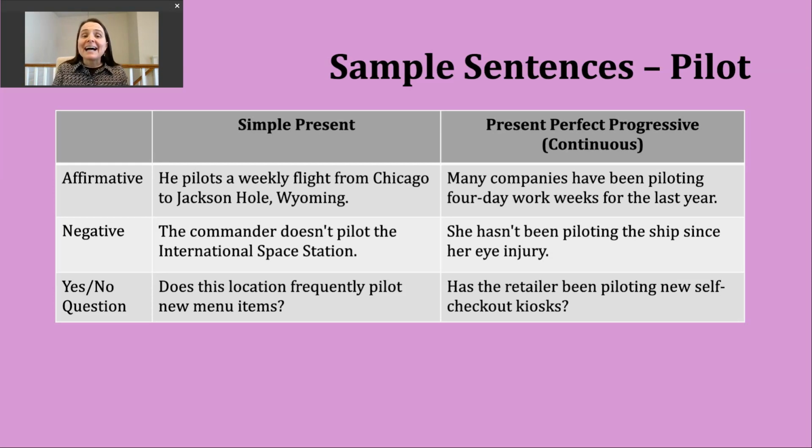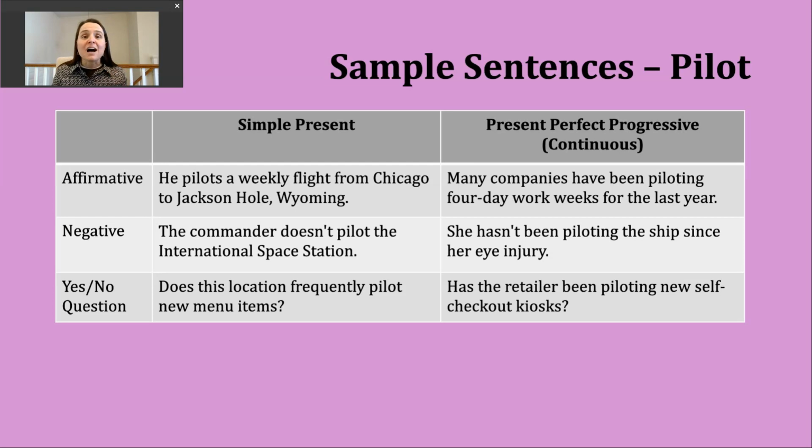If I want to make a negative simple present sentence, again, I need to pay attention to my subject. My subject is I, you, we, or they. I'm going to use do not, or the contraction don't, and then the base verb. But if my subject is he, she, or it, I'm going to use does not, or doesn't, the contraction, and the base verb.